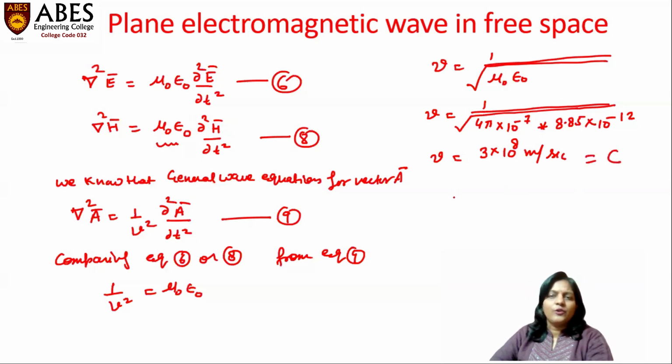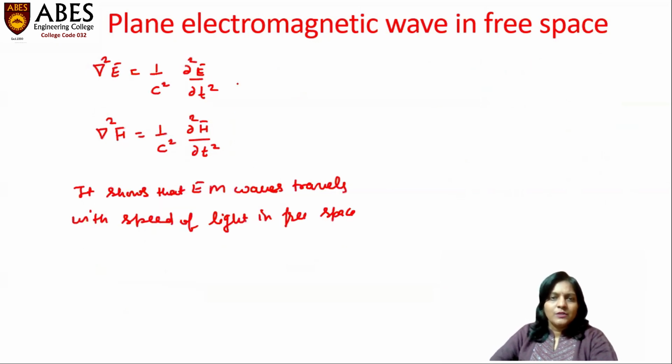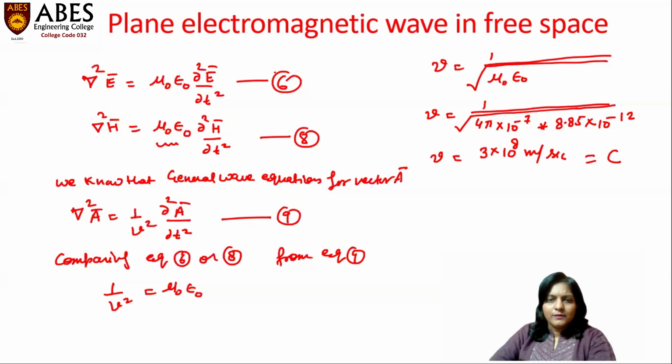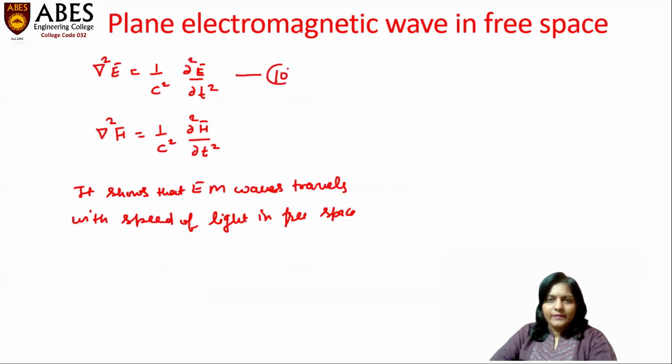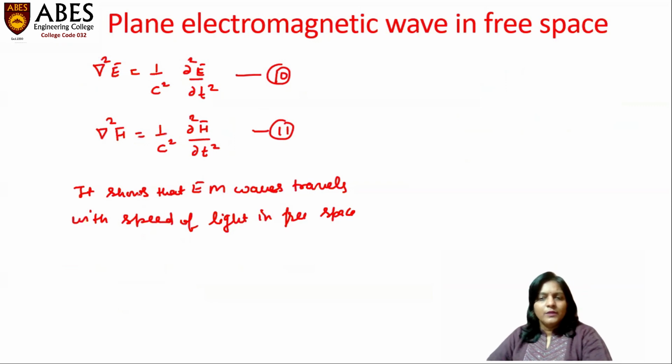This is the speed of light, represented as c. These are the equation number 10 and 11. In this way, we have proved that electromagnetic waves travel with the speed of light in free space.